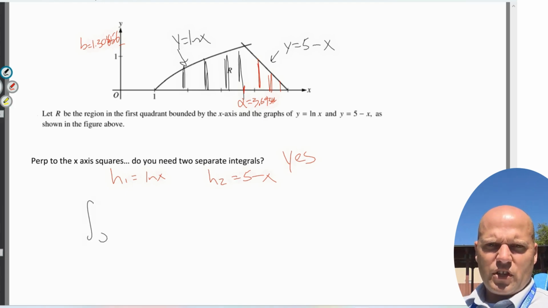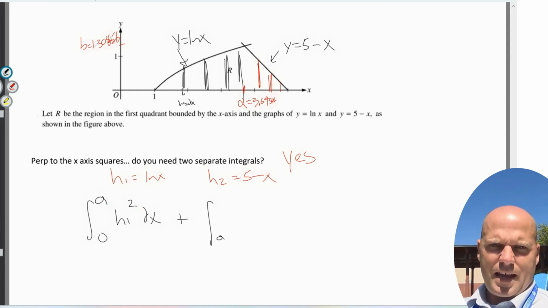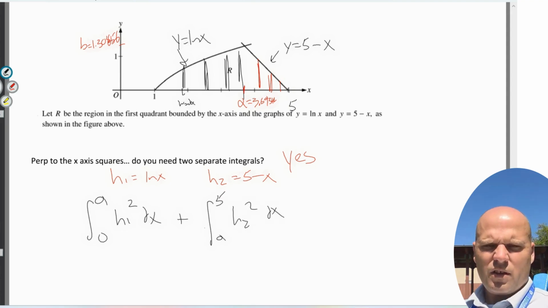So I need from 0 to A, my h1 squared times its skinny width. The width is a small dx. And then from A to 5, I need my h2 squared.